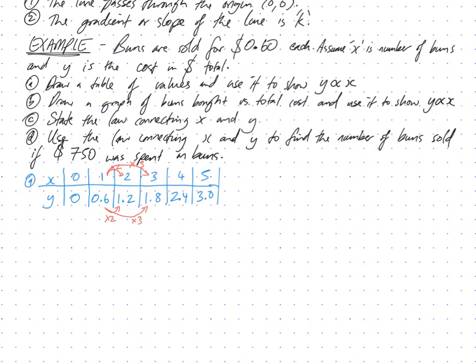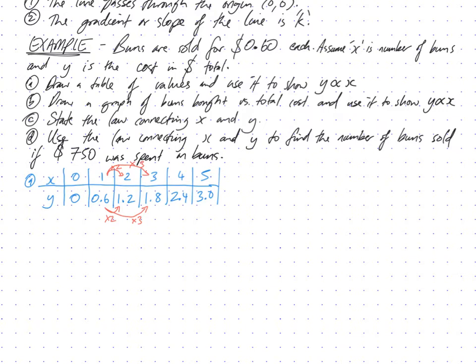The rest I won't write, but hopefully you can see it. 1 times 4 gives you 4, and 0.6 times 4 gives you 2.4. So both variables are multiplied by the same number again. And then 1 times 5 gives you 5, and 0.6 times 5 gives you 3.